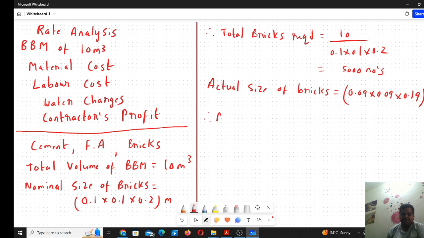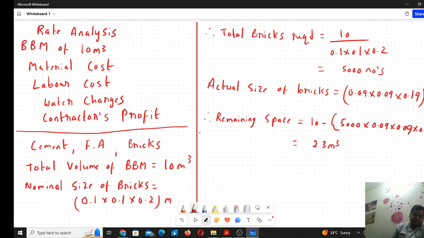Therefore remaining space is equal to 10 minus 5000 into 0.09 into 0.09 into 0.19, which comes out to be 2.3 m cube. This 2.3 m cube is the mortar required for this 10 m cube of brick masonry.